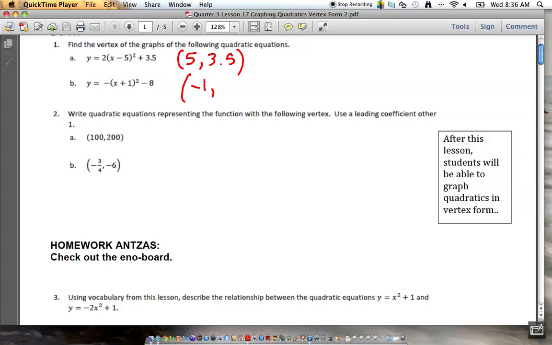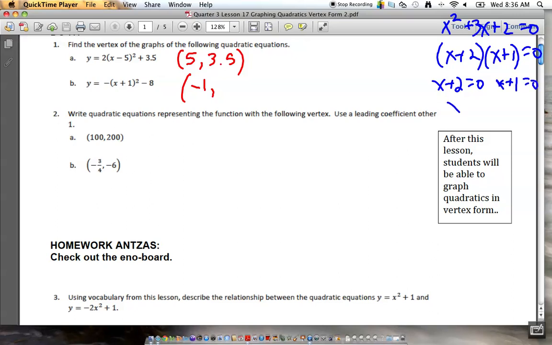Do you guys remember how when we found, hey, remember if we took off to the side here, I do x squared plus 3x plus 2 equals 0. I factor it, I get x plus 2 times x plus 1 is 0. Then I find the roots. And I get x equals negative 2 and I get x equals negative 1.